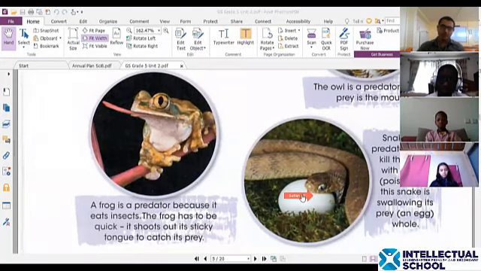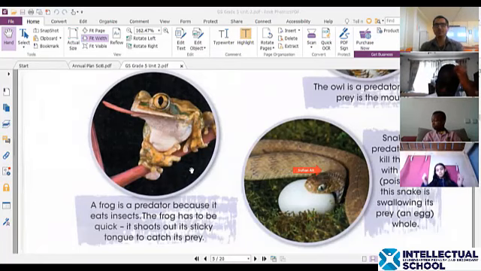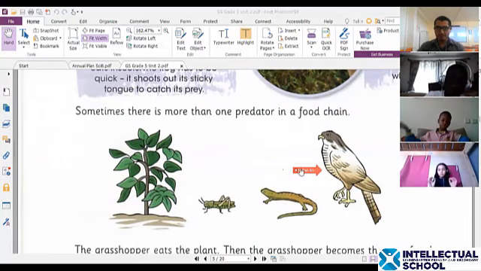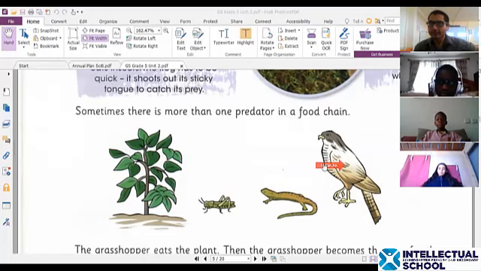These animals eat one another and they produce the food chain. Food chain starts with the producer and then goes on with different types of consumers. Here, if you look at this example, sometimes there is more than one predator in a food chain. We have a plant as a producer, then we have a grasshopper, and grasshopper is being eaten by a lizard, and this lizard is eaten by the eagle.